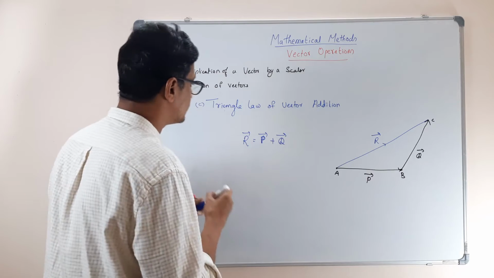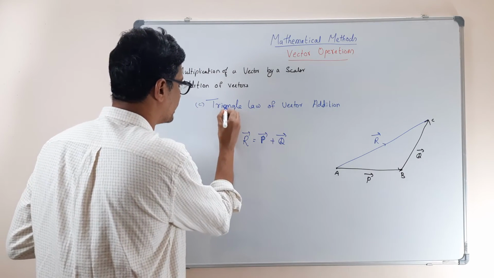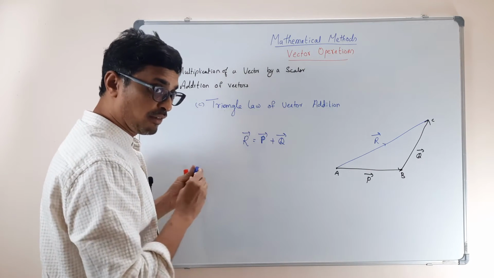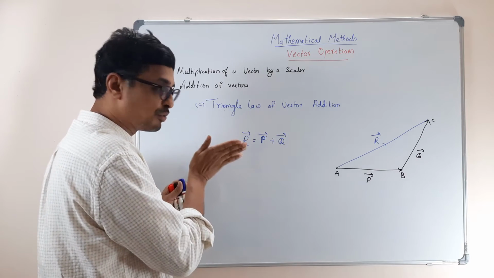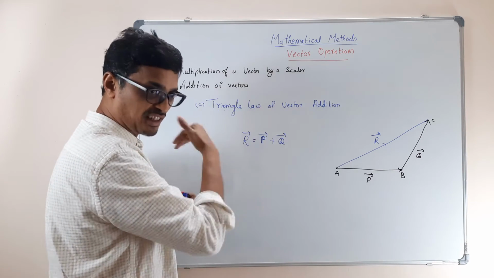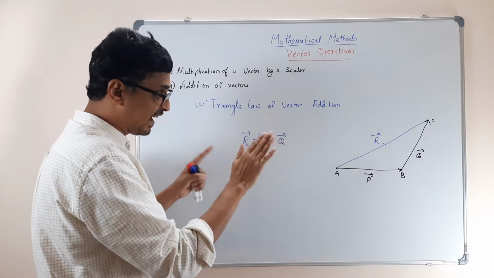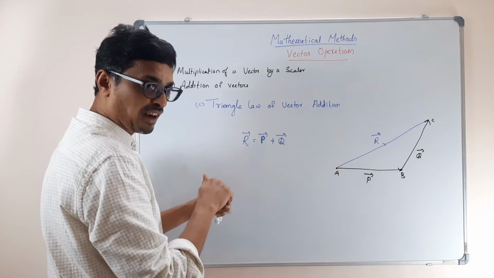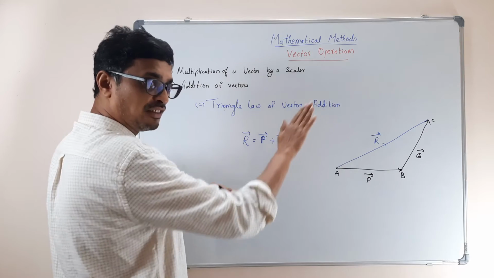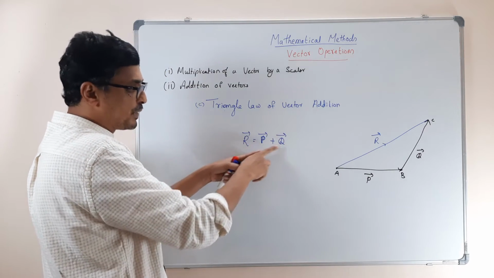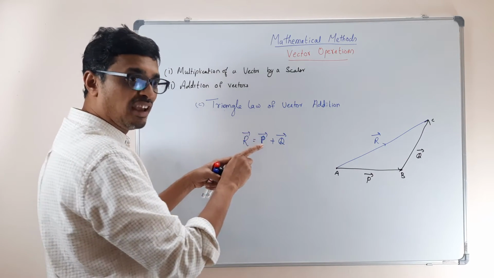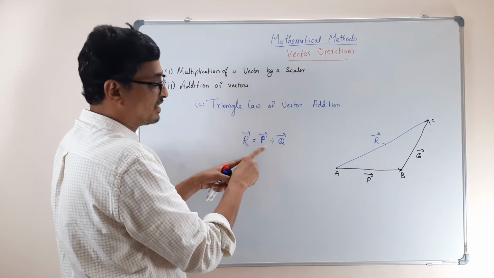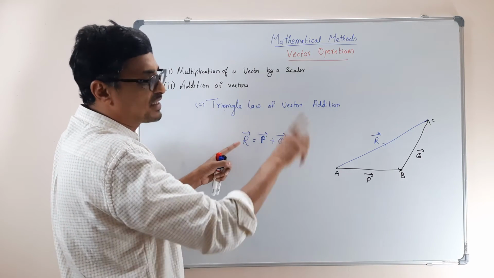So the triangle law says, of course, you can add up two vectors. If you remember, for parallel and anti-parallel vectors, the direction will be that of at least one of the vectors. But when the vectors are not parallel or anti-parallel, the resultant vector can be written as P plus Q, and the direction will not be P or Q, it will be somewhere else.